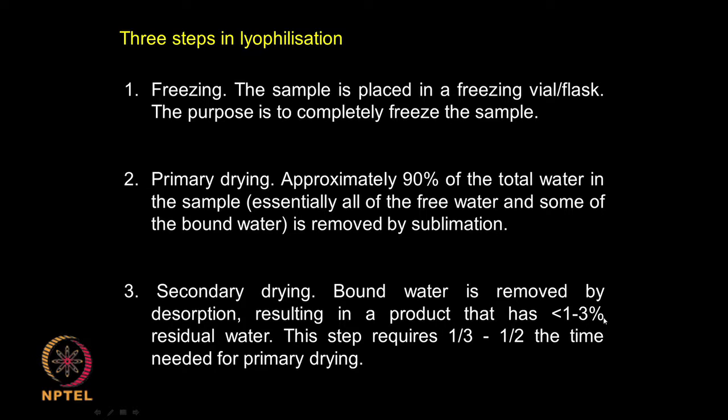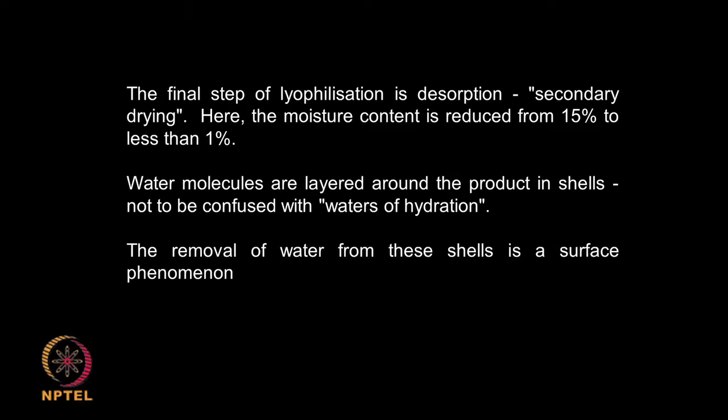So, bound water is removed by desorption resulting in a product that has a very low amount of moisture. So, in the secondary drying the moisture content is reduced to almost 1%. Then removal of water from the shell is a surface phenomenon actually.